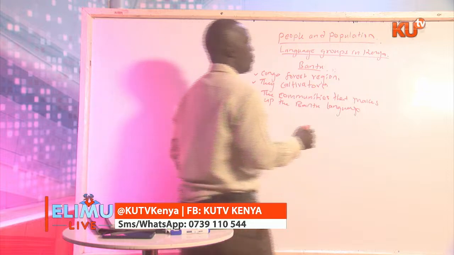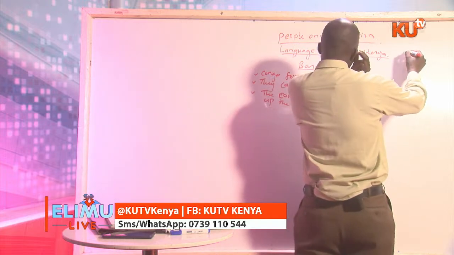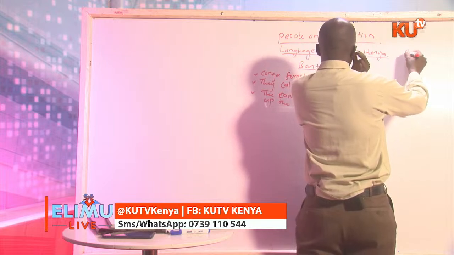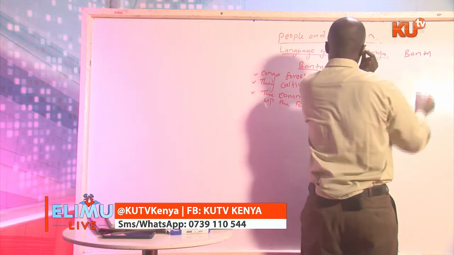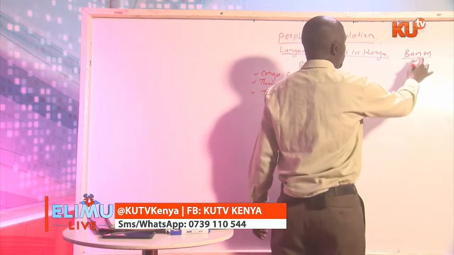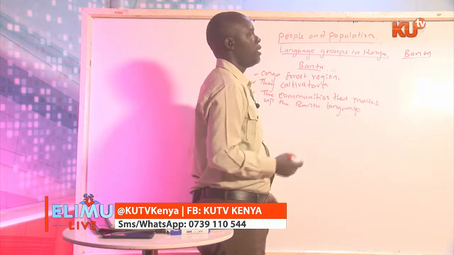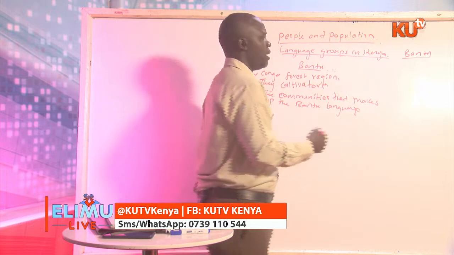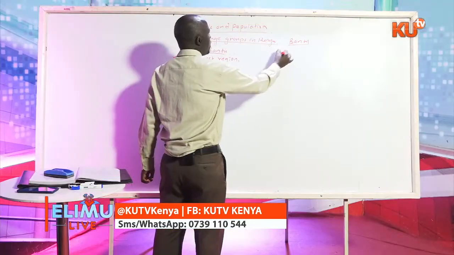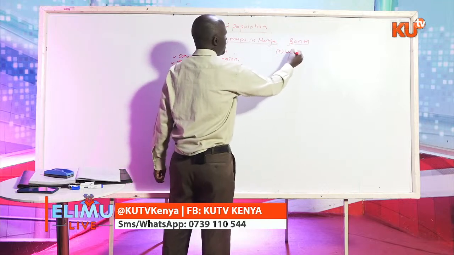Once we have the Bantu, we can look at the communities that make up the Bantus in Kenya, because there is not only one community, but several communities that make up the Bantu in Kenya. These communities: A, we have what we call the Western Bantu.